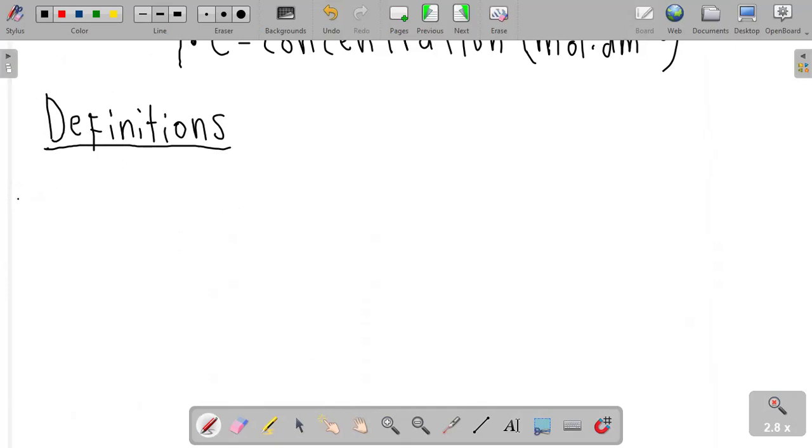Let us start with mole, okay? What is a mole? When we're defining a mole here, you must remember that we make reference to carbon. We use carbon here to define a mole.